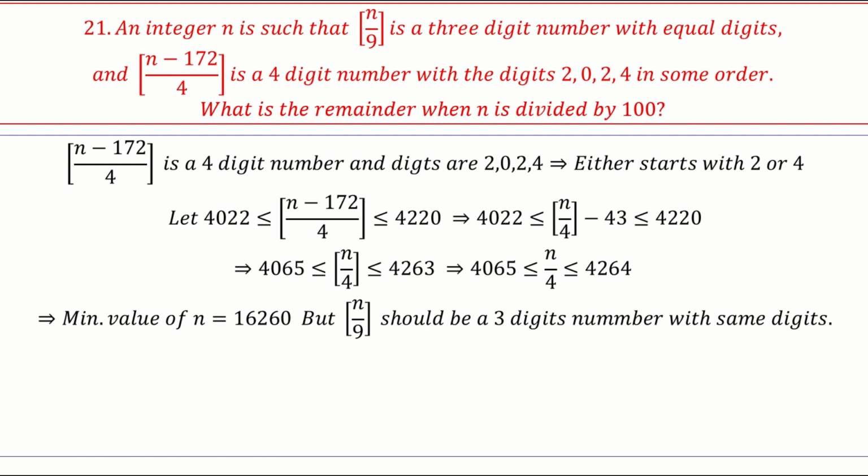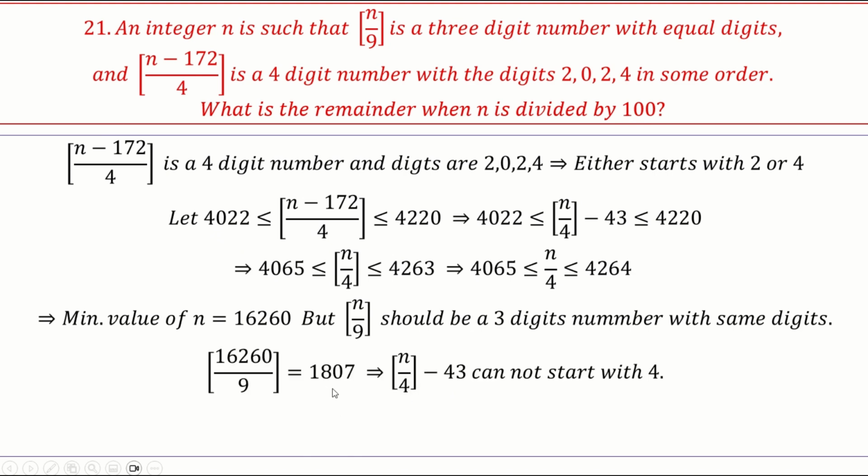So this expression does not start with 4. The only option is that it has to start with 2. So this n by 4 minus 43 cannot start with 4.